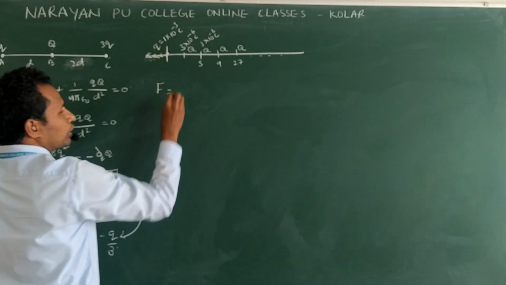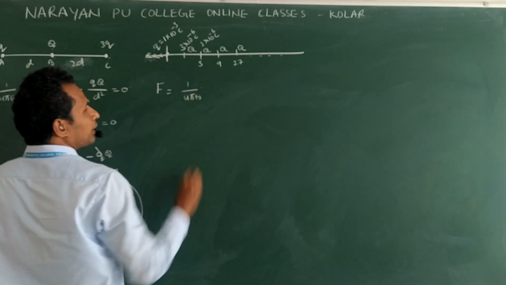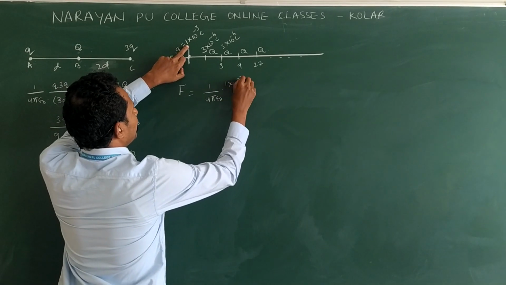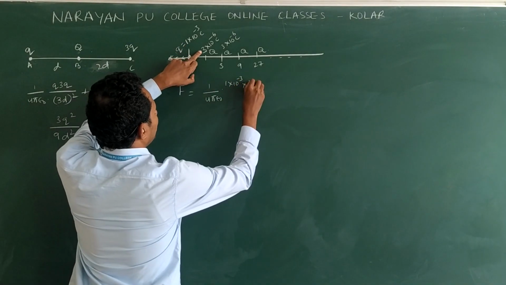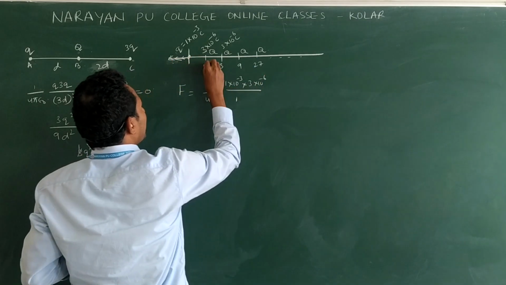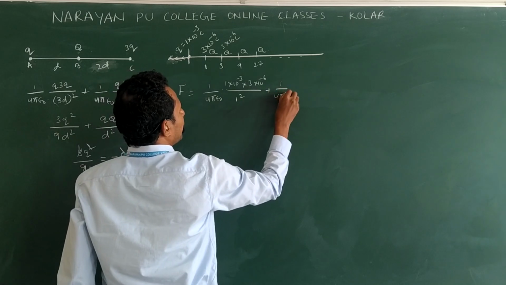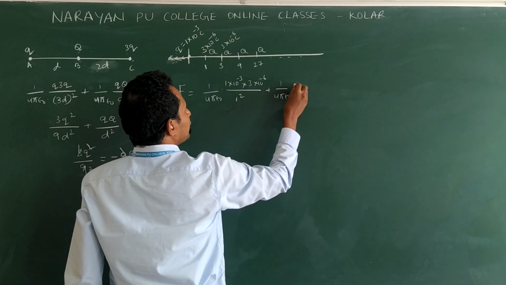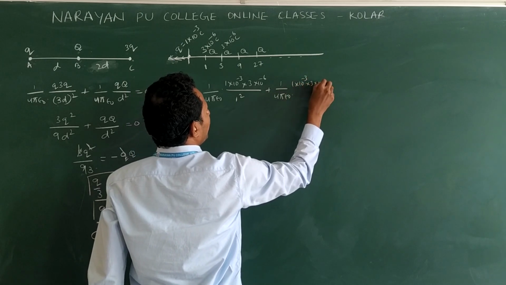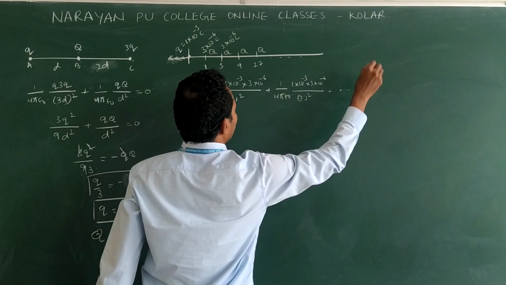So the net force on Q is equal to 1 by 4 pi epsilon naught, this charge 1 into 10 power minus 3 into this charge 3 into 10 power minus 6, by 1 square, plus 1 by 4 pi epsilon naught 1 into 10 power minus 3 into 3 into 10 power minus 6 by 3 square, and so on.